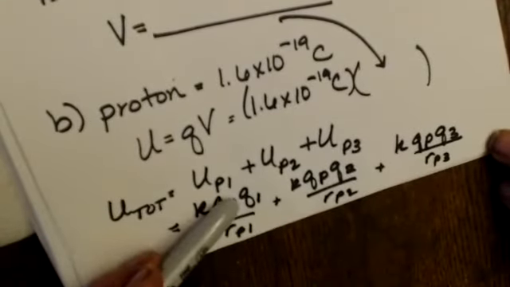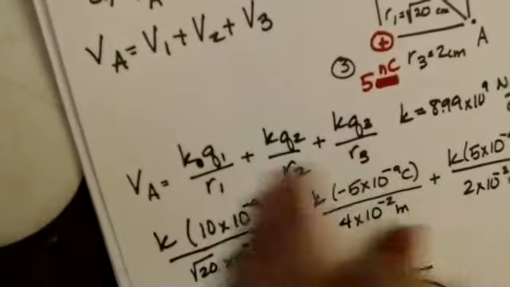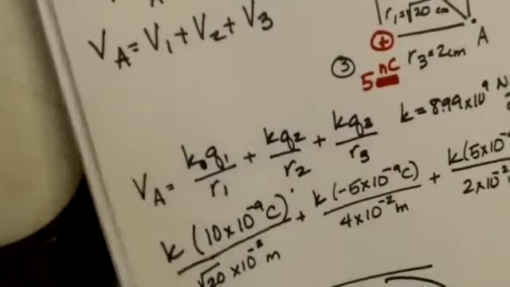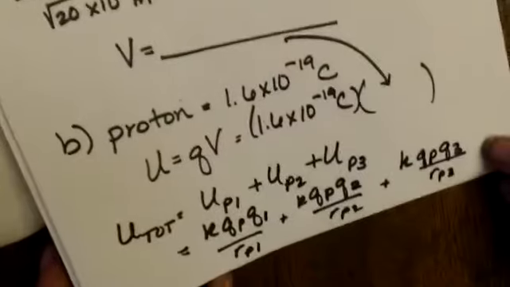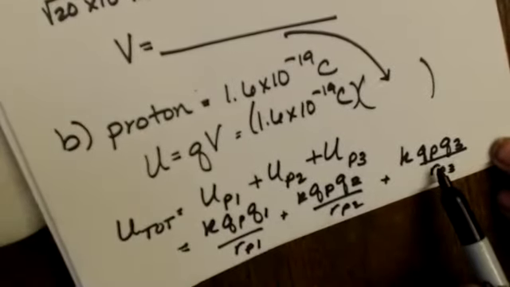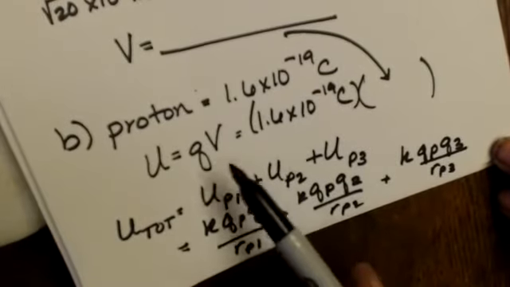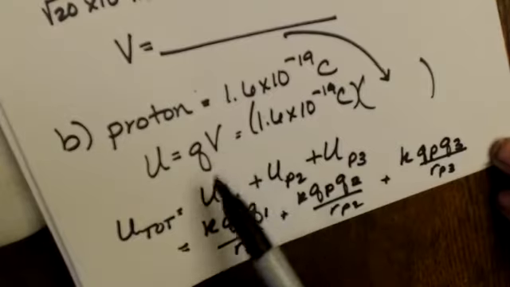But that's because if I factor out the proton charge, I get exactly the same math as I had right here. So if I don't do the potential first, I can use the potential energy formula to find it. This is an alternate method of solving for it, but you've already done the work, so why not just use the work you've already done?